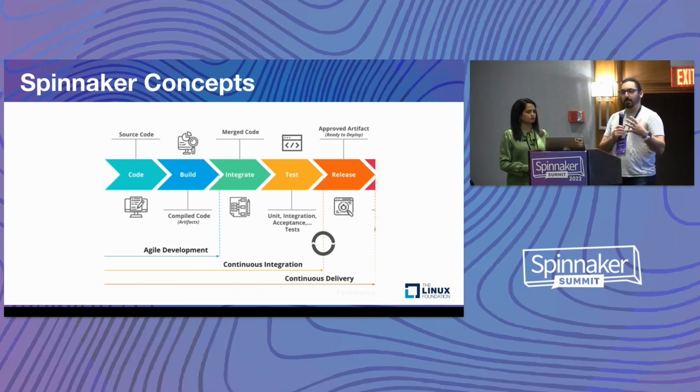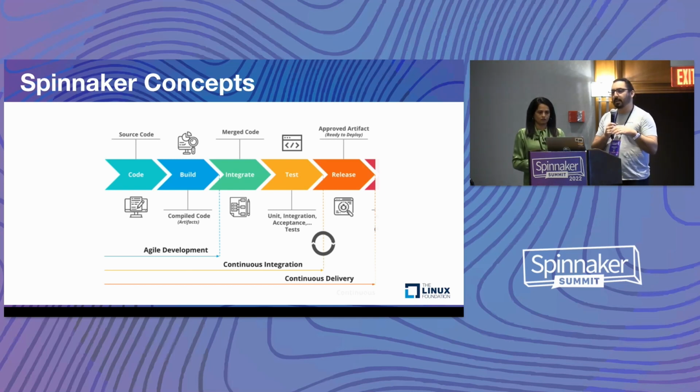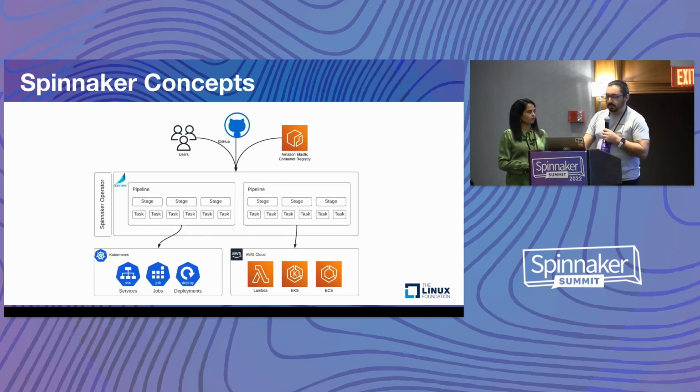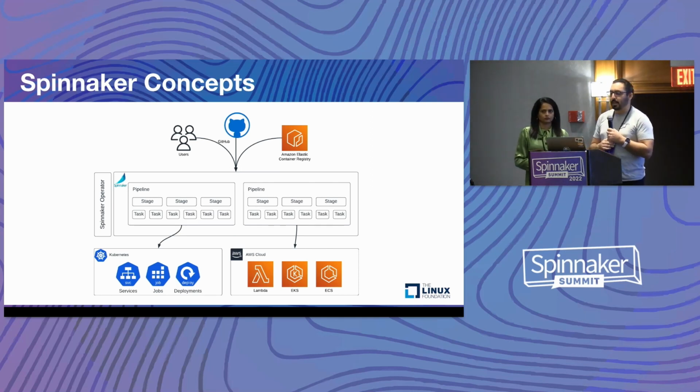There's likely a whole bunch of constraints that you have to work with when you're sending that artifact into an environment where you're going to get consumer-level traffic. Let's say you have a microservice that you've been developing for some time, and you want to send it to a production environment. What do you do with that Docker container or that jar file? That's where Spinnaker's sweet spot is. Spinnaker gives you the ability to describe imperatively all the things that you need to do in order to ship that artifact to somewhere where your users can actually access it.